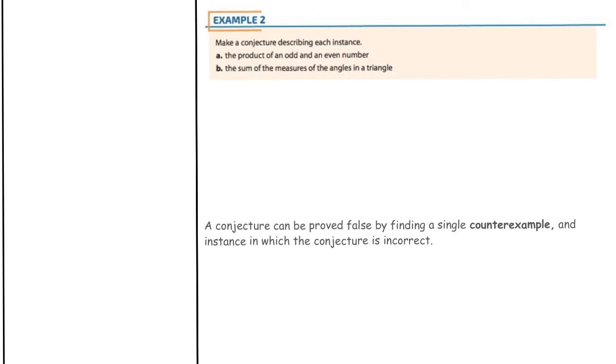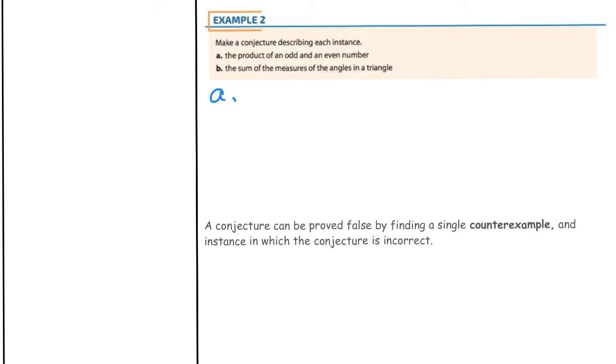Example number 2 is asking us to make a conjecture describing each instance. What it wants us to do is give a couple examples. So let's look at example A of 2. The product of an odd and an even integer. All it wants us to do is give an example. There is an infinite number of examples we could give here. First of all, what is product?